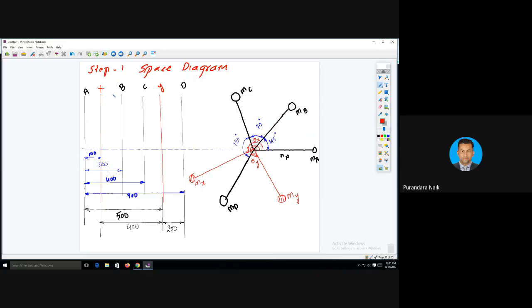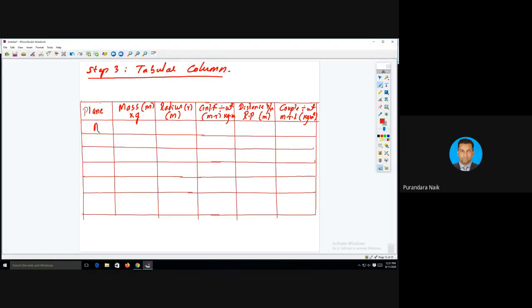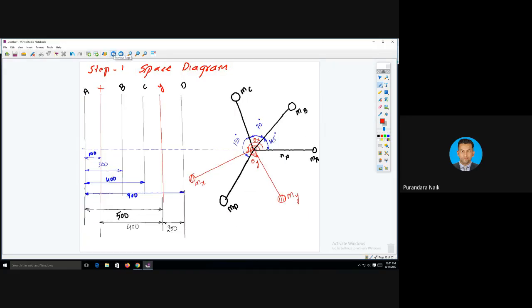First A, X, B, C, Y, D. You need to write it in this same order: plane A, X, B, C, Y, and D. You have to see this space diagram and write it in the same order.